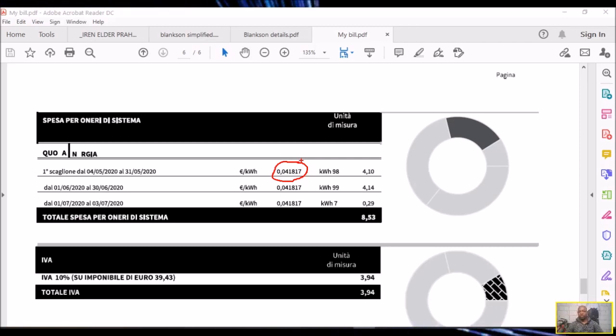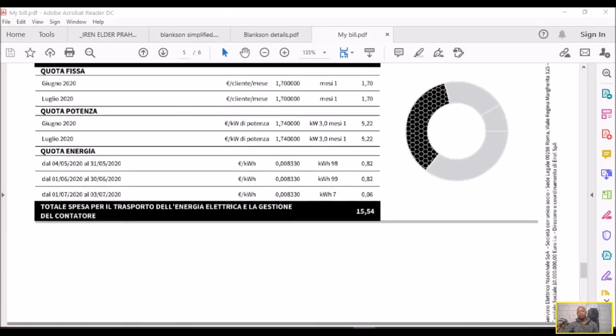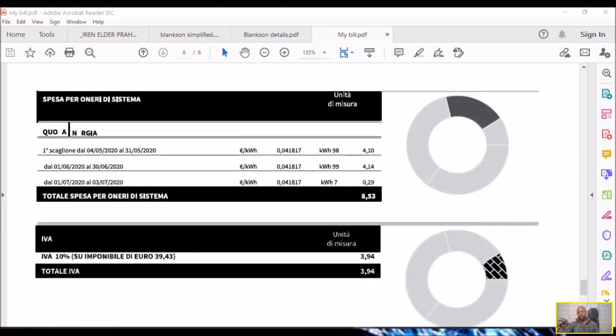That is 0.04 times, if you remember, 98 of F1, 2 and 3 of May, and F1, 2 and 3 of June, which will give you 99, and F1, 2 and 3 of July, which will give you 7. So it is 0.041 times these figures, and this is the amount you are paying, and the total sums up to 853. So as you can see, in the beginning we found 1536, 1554 and 853.